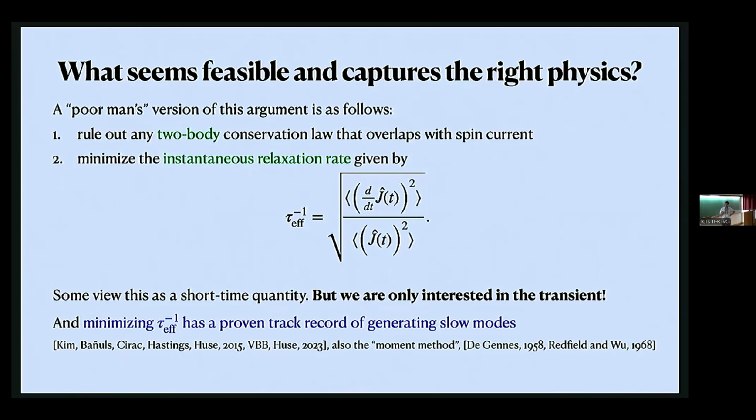Some people view this as a short-time quantity. A common objection to this kind of reasoning is that this is just the rate of change of this current at time zero. Just to clarify, you are in equilibrium. No, these are infinite temperature averages, and this T is just the T of Heisenberg evolution.